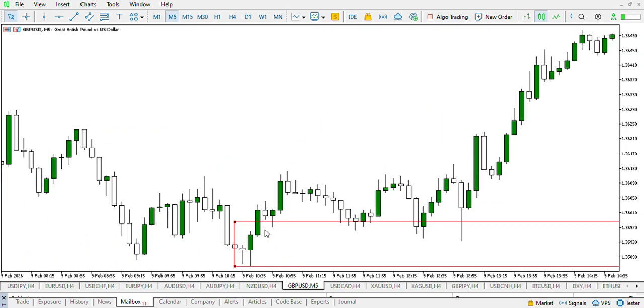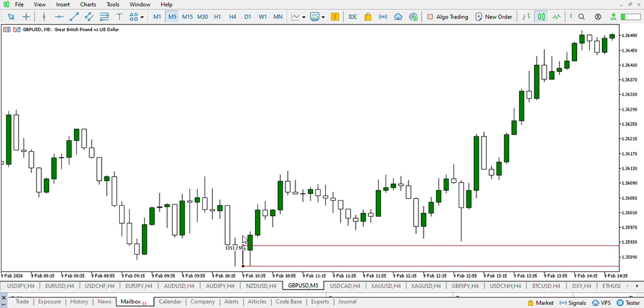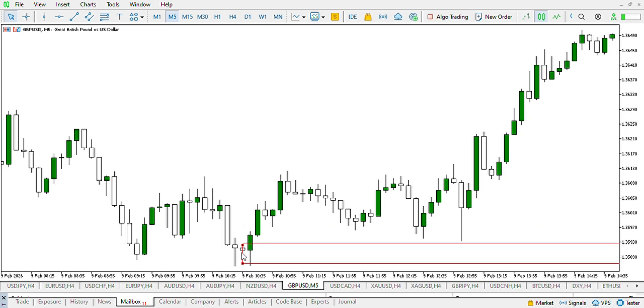And you can see, yeah, we have our zone here. We have this particular candlestick. So now we have refined this to have a sniper entry. So now what do we expect here?